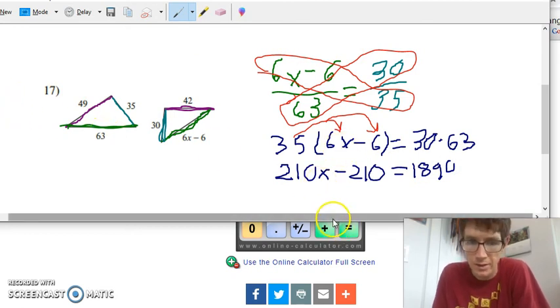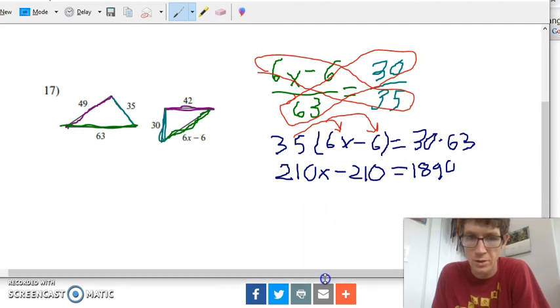So next step, I'm trying to get x by itself. Let's get rid of this minus 210. So what I'm going to do is I'm going to add 210 to both sides. So that's 0.